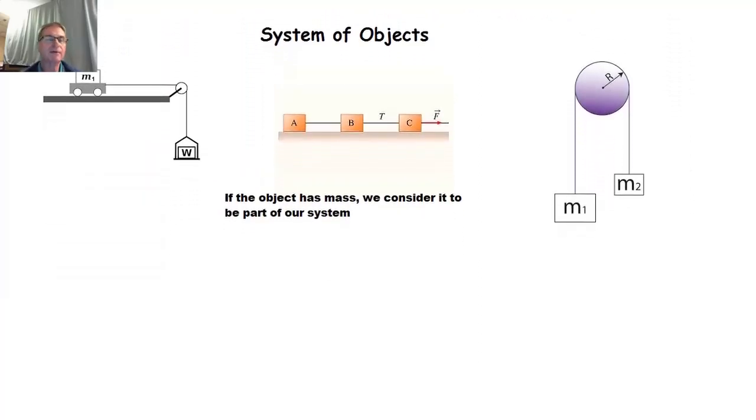I've drawn three different systems here. I've put pictures up of three different systems. The system on the left has two objects that we're going to be concerned with: this one over here that has a weight, and the car over here that has a mass.